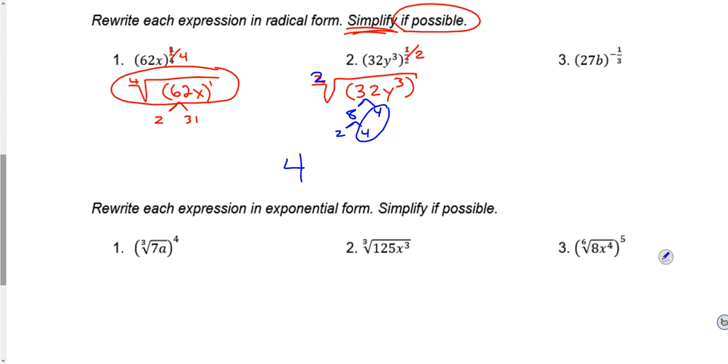Now the y to the third, it says there's 3 of them, so these come out. So a 4 and a y come out, and then everything that's not circled, that goes back in. So I have a 2 that's not circled, and I have a y that's not circled. So that just goes back in. Now I got a question for you. How come I didn't include the 8?